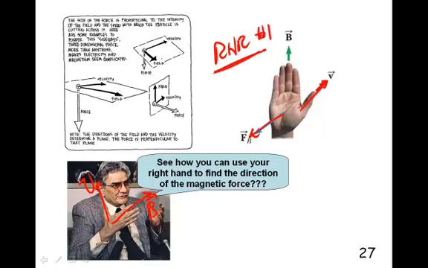There's a right hand rule number 2 we'll learn later. Not in this show, but in a future show. And see how you can articulate your thumb to point in different directions for the velocity, and then your fingers will be in the direction of the magnetic field, and then out of your palm will come the direction of the force. Well, let's see how that works with a few examples.